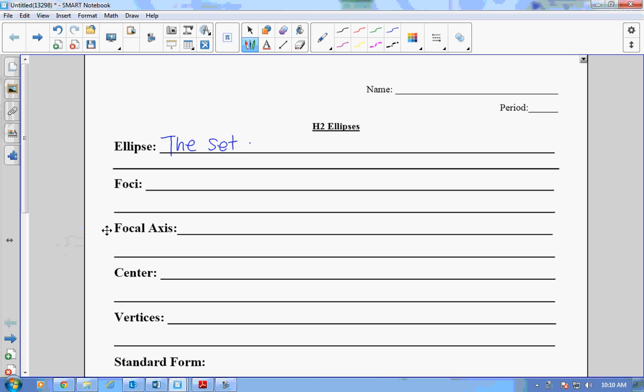Alright, breaks over. The ellipse is the set of all points in a plane whose distances from two fixed points in the plane have a constant sum. Two, I'm going to underline that, two fixed points in the plane.